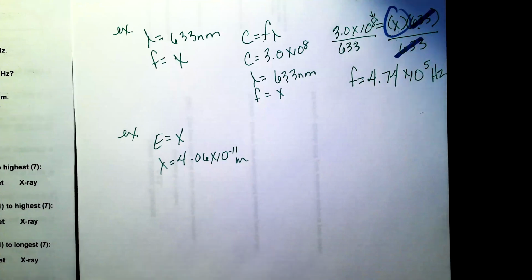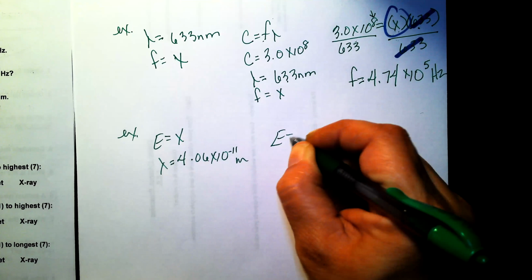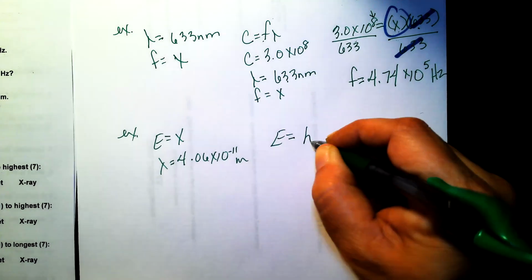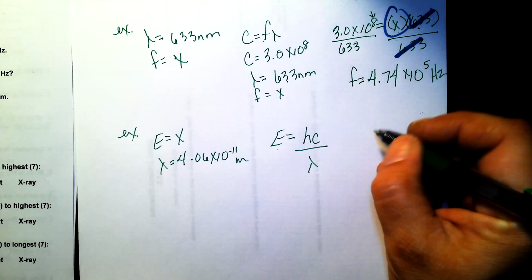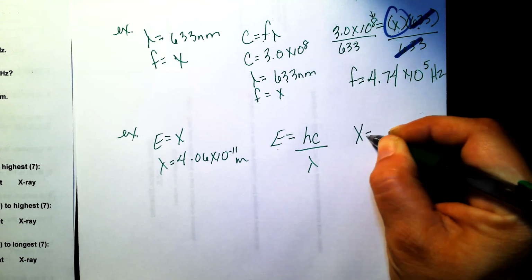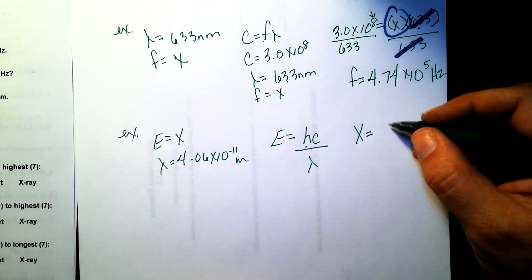Let's see. Okay, so energy equals Planck's constant times the speed of light divided by wavelength. We're going to plug in our numbers here. We know that E is X. H is Planck's constant. This is a number you don't need to memorize.